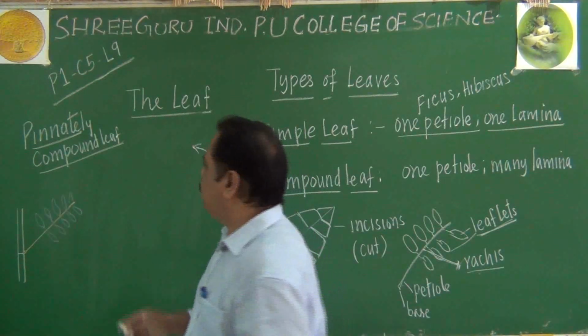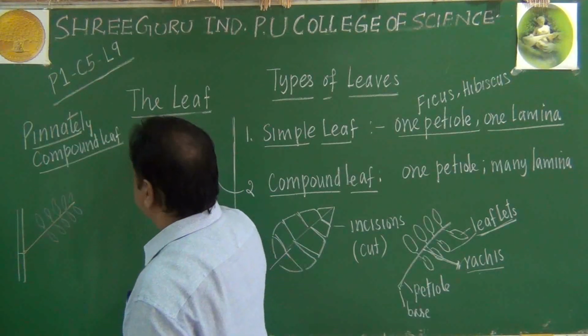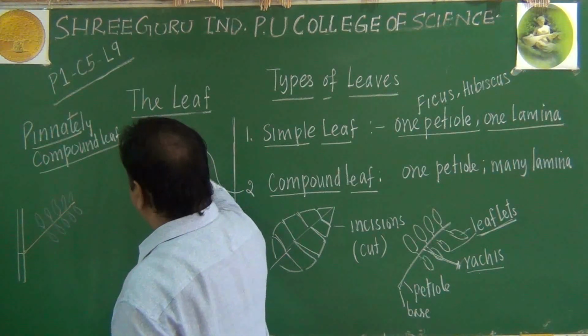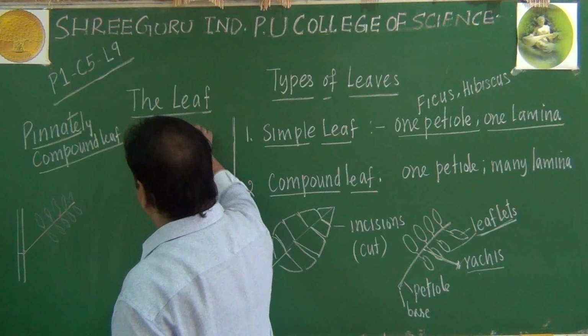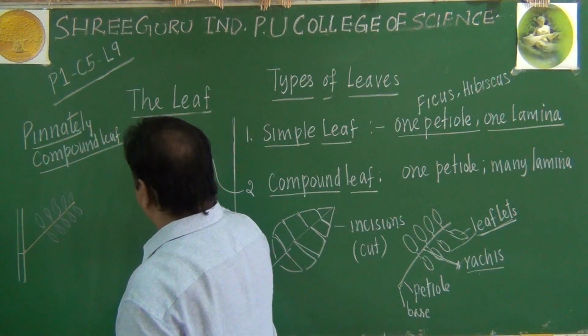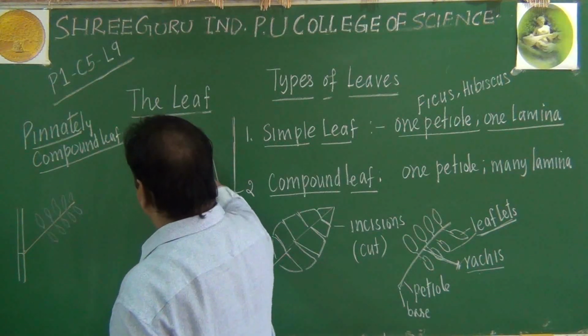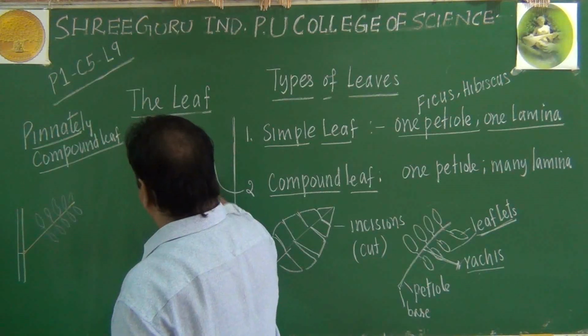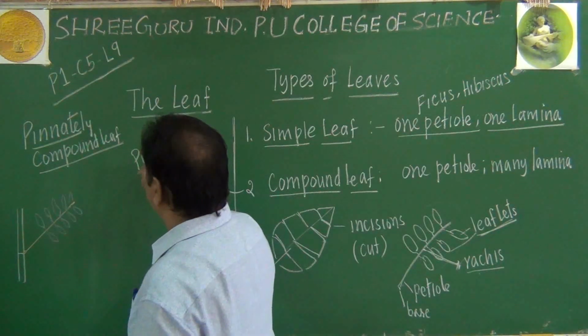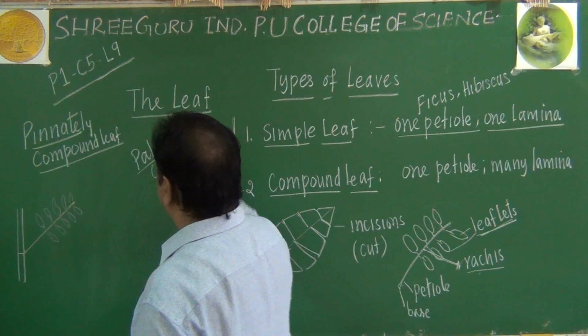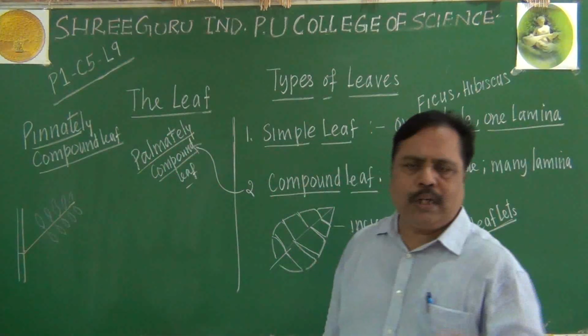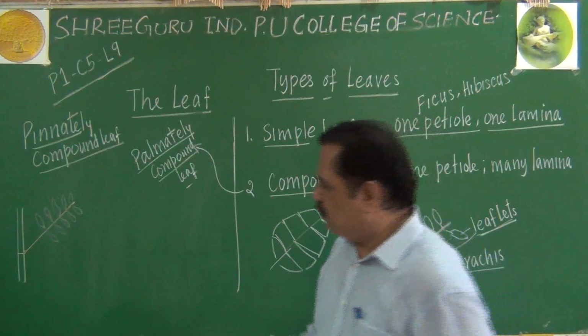Another type of compound leaf is the palmately compound leaf. We have to remember. Try to get the difference between these two types: pinnately compound, palmately compound. What happens in the palmately compound leaf?